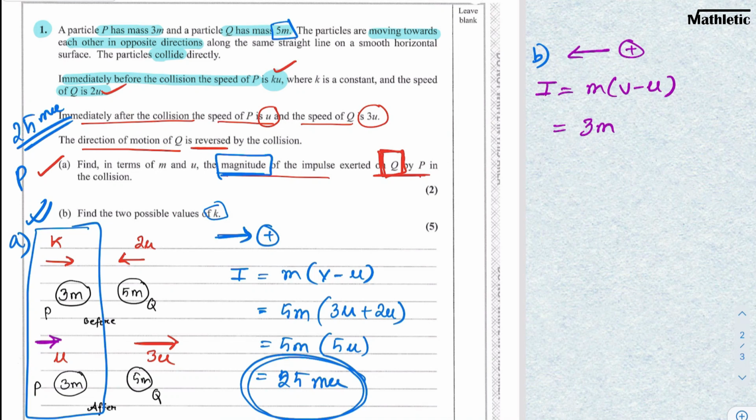I have selected left side as positive, so this one should be negative, so minus u is the final velocity. Then the initial velocity is towards right, which is opposite to my selected direction, so minus will give us plus ku, and the impulse is 25mu. Solving this equation will give us the value for k.